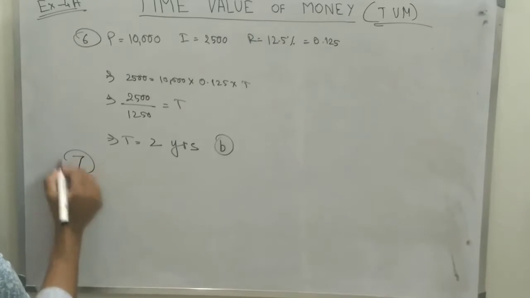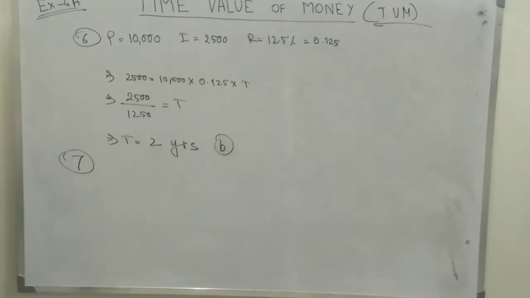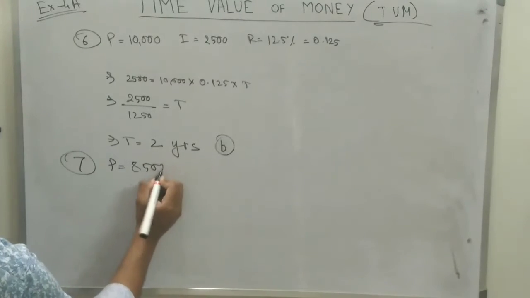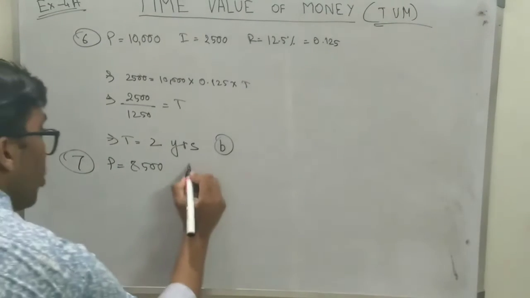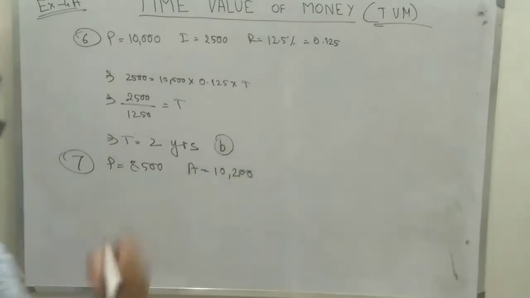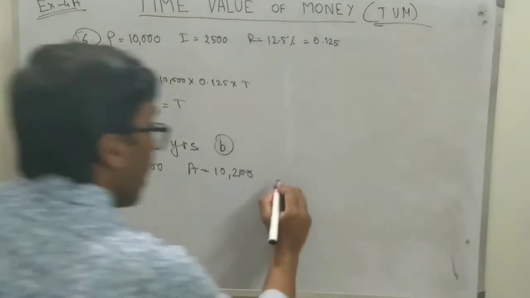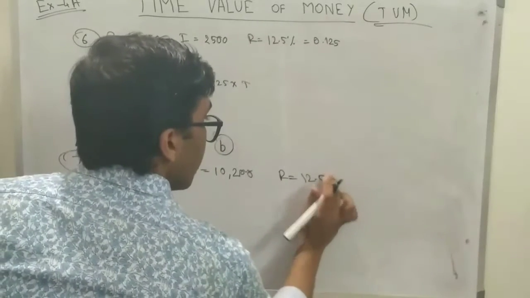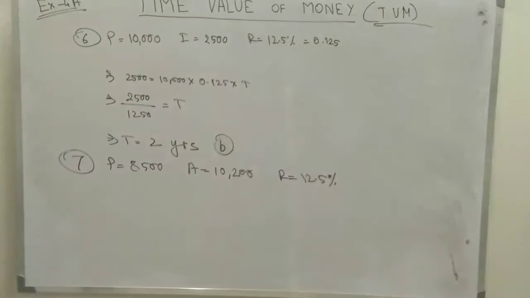Now question 7. It is said P is equal to 8,500. Accumulated amount is 10,200 and the rate of interest is 12.5%.